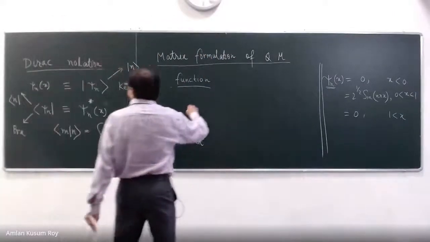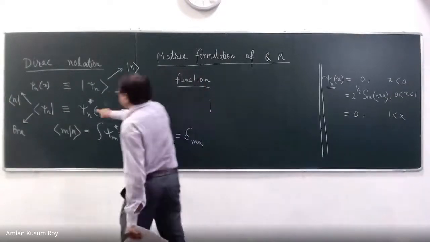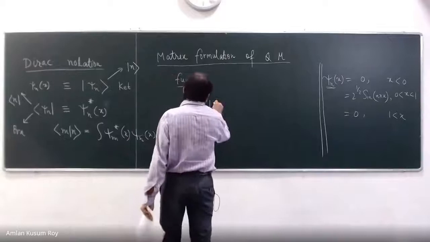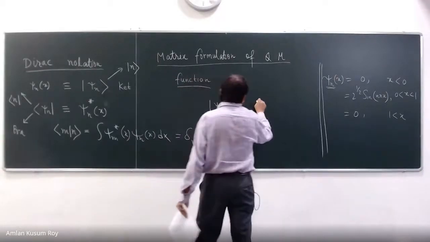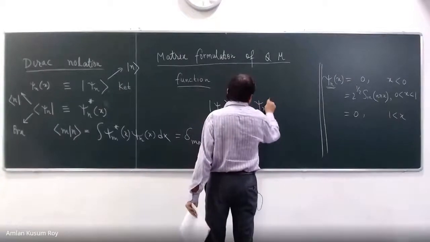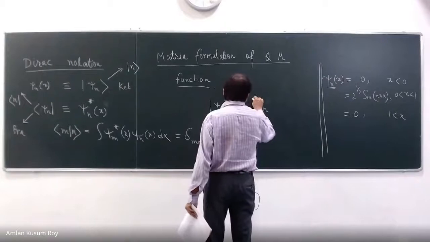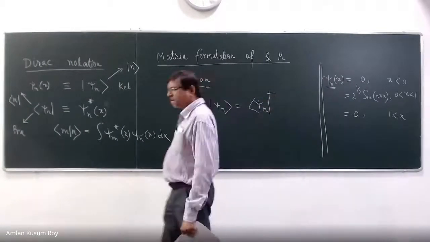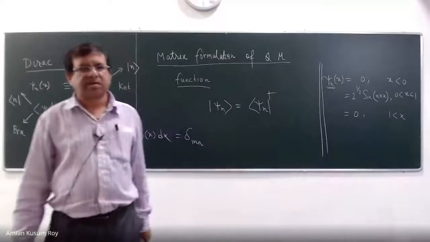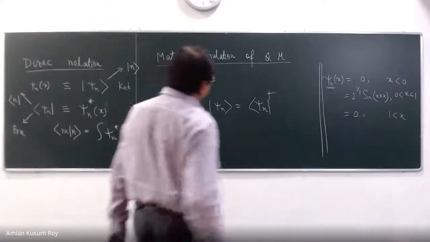But remember, you should be a little careful about this line. Your psi n is actually psi n star, which you have written, right? So it is the complex conjugate transpose, this is the adjoint.